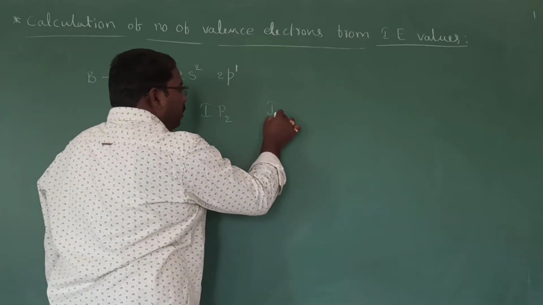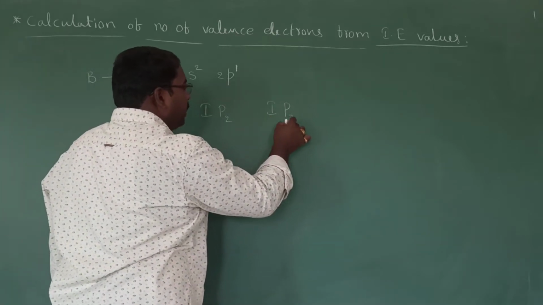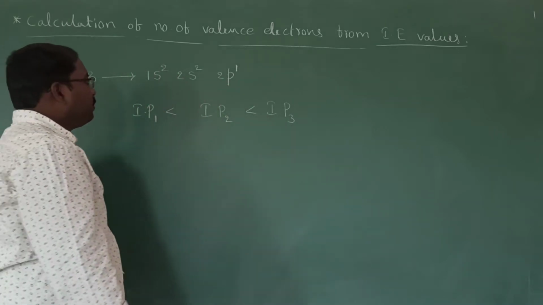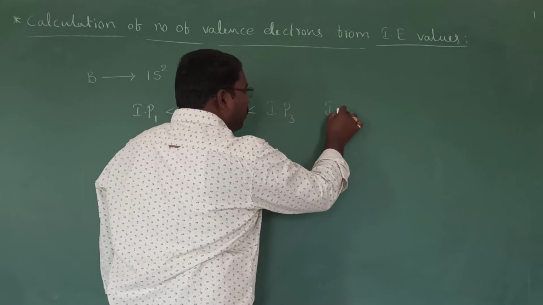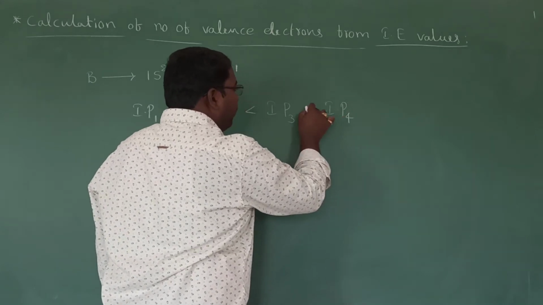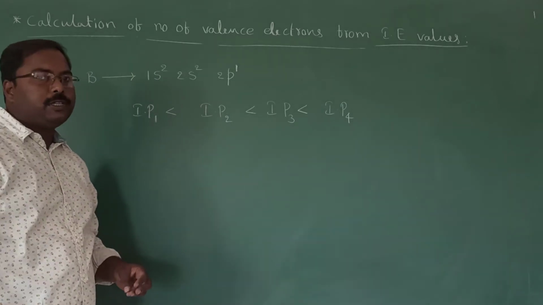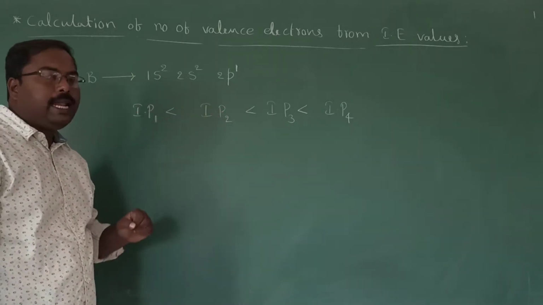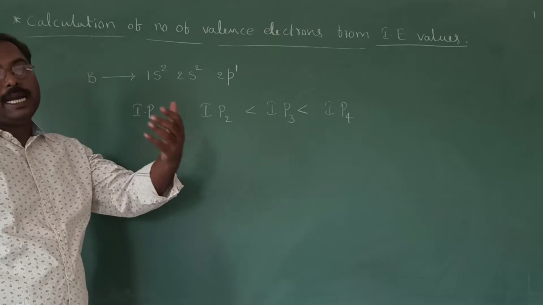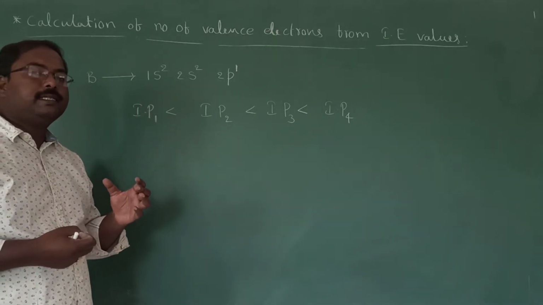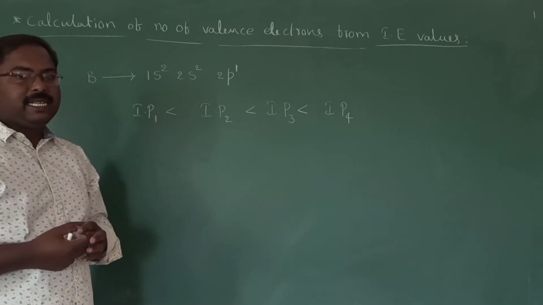IP3 is also definitely more than IP2, and IP4 is more than IP3, as we already discussed. After removing electrons, the number of electrons decreases, so the effective nuclear charge increases.